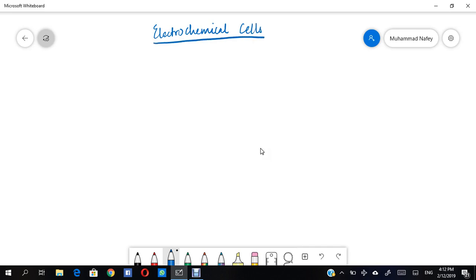If you can recall from the first video, the purpose of an electrochemical cell is to generate electricity. In electrolysis, we provided electricity to an ionic compound to break it down. This time, we'll be generating electricity ourselves. So the first requirement for an electrochemical cell is obviously an electrolyte.